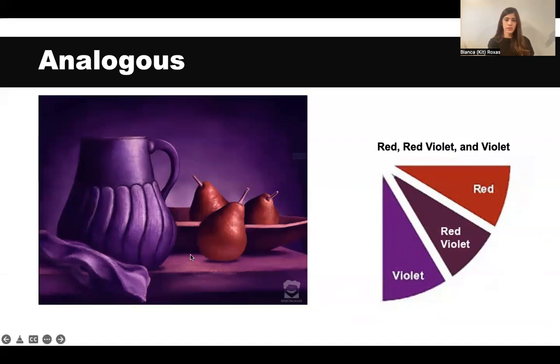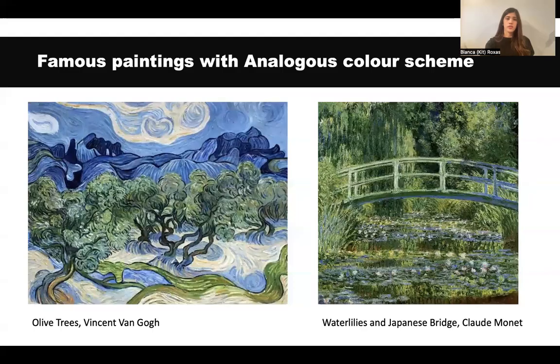So like I said, tints and shades are always present in any of these color schemes, because we need the tints and the shades, or the value, to create the illusion of form. These are famous paintings with analogous color schemes.